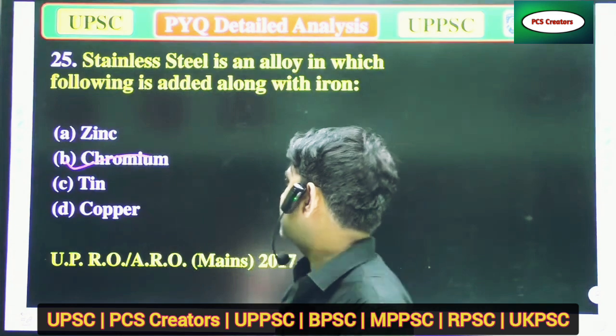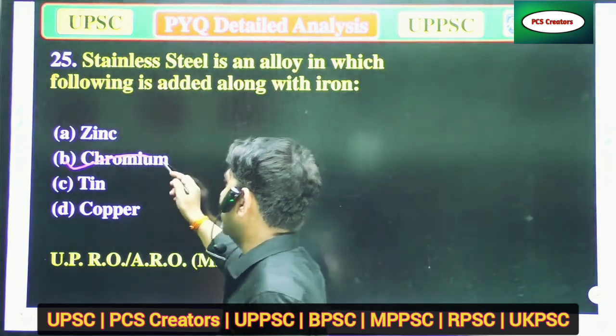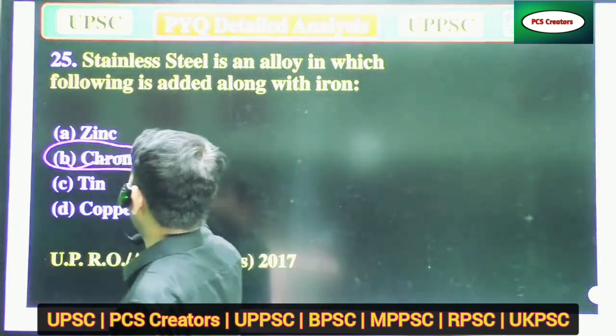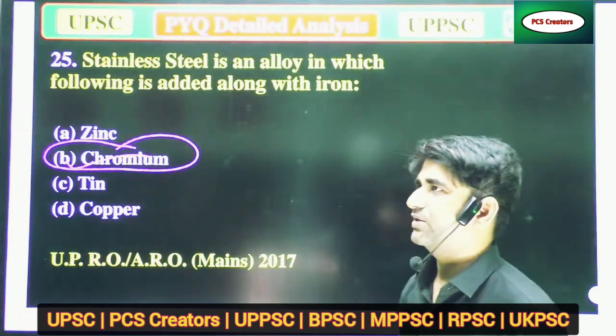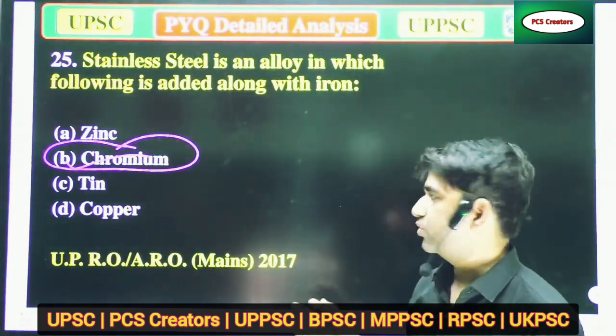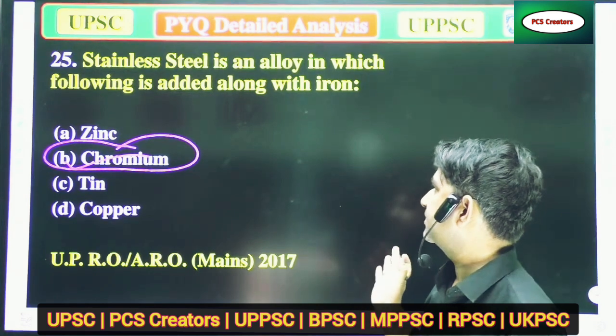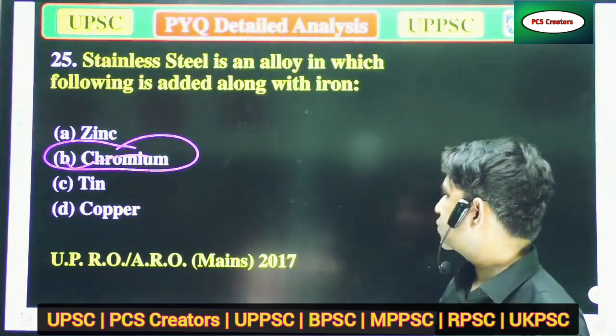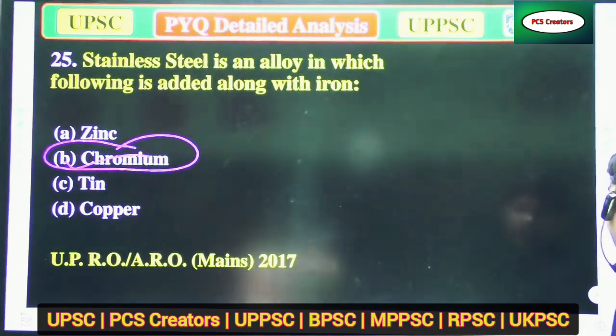To decrease corrosion, we use chromium. So option B is correct. Our correct answer is option B, that is chromium. Now we'll move to the next question.